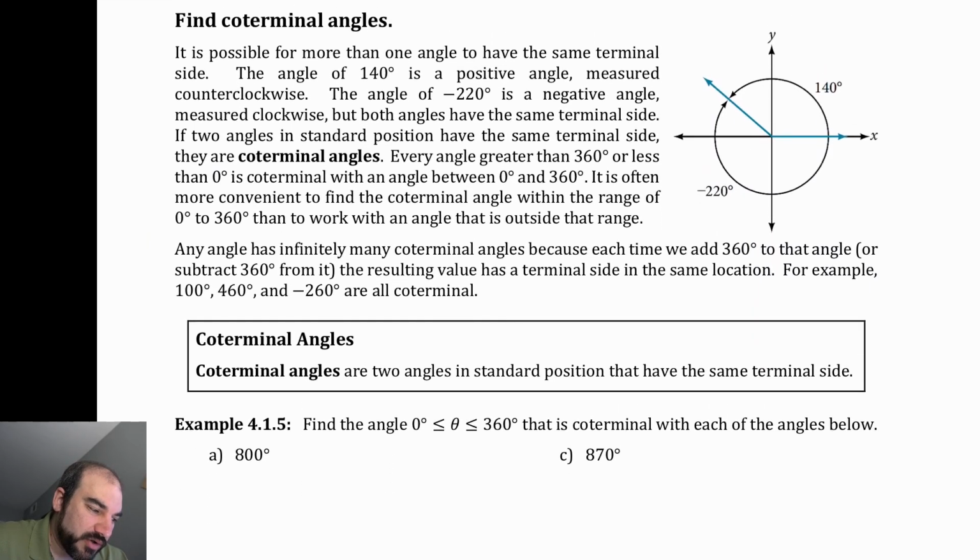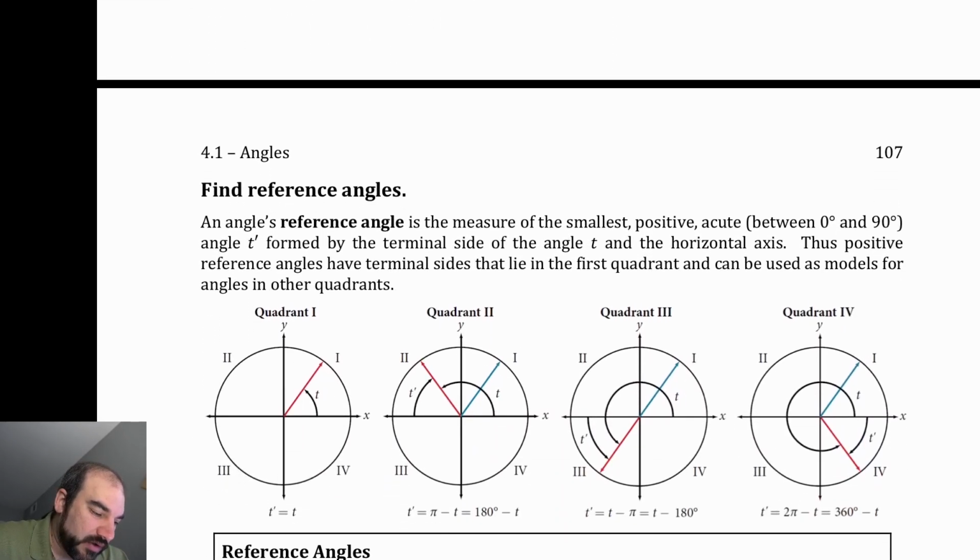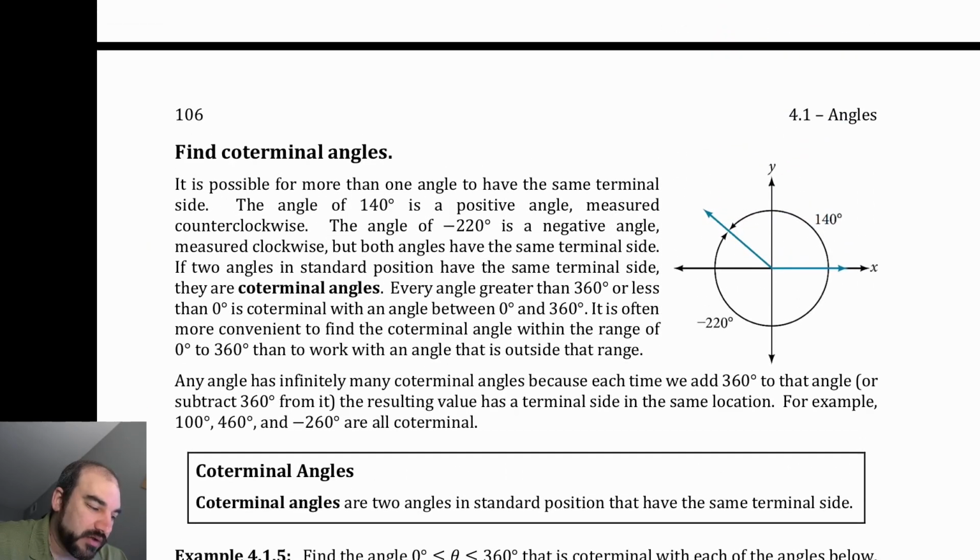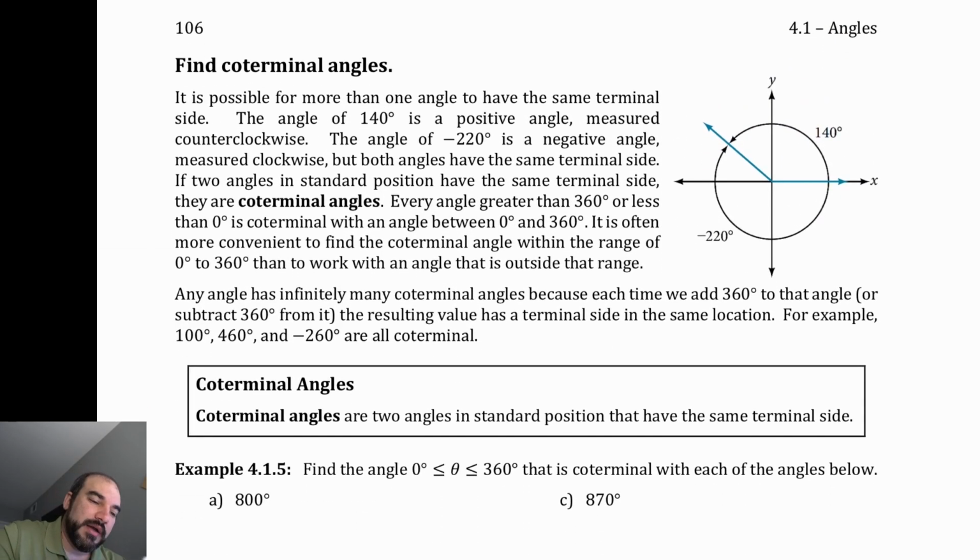Finally, I want to talk about coterminal angles and also reference angles. Coterminal angles are just angles where the terminal side lands in the same spot for two different angle measures. So earlier I alluded to this: if I look at this example on the right, an angle of 140 degrees, if I open it in the positive direction, lands in the second quadrant, exactly there.